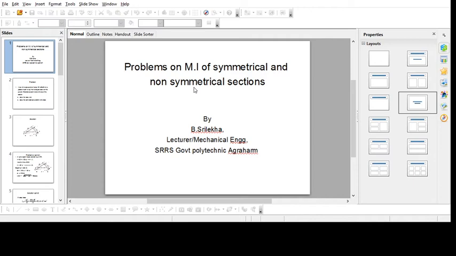Now if you calculate the centroid of this figure, x bar is equal to a1 x1 plus a2 x2 plus a3 x3 by a1 plus a2 plus a3, right?